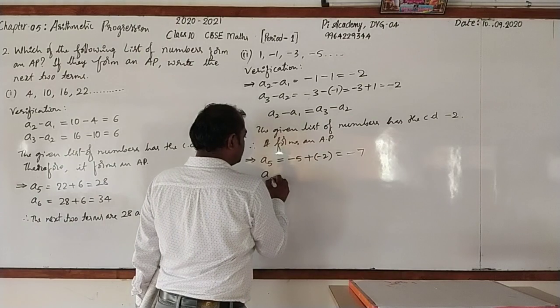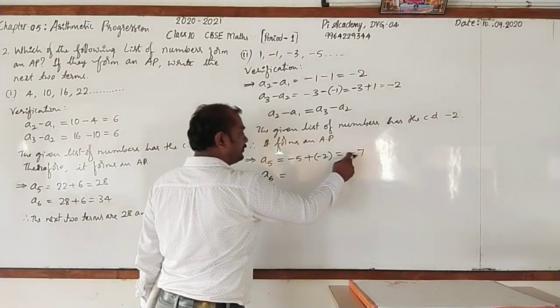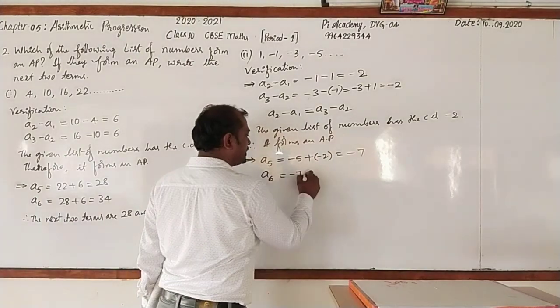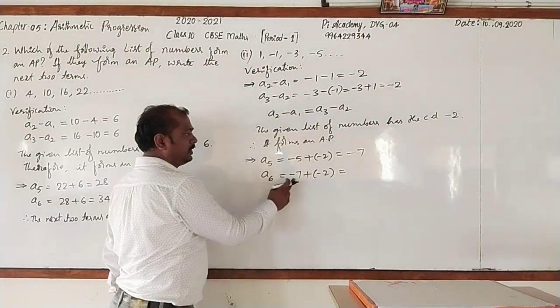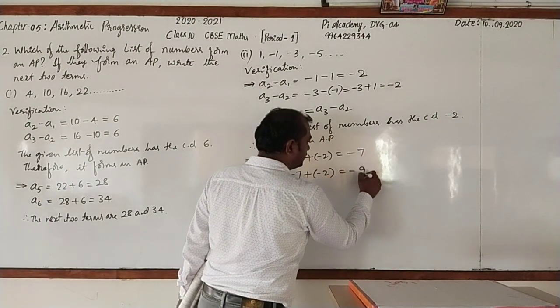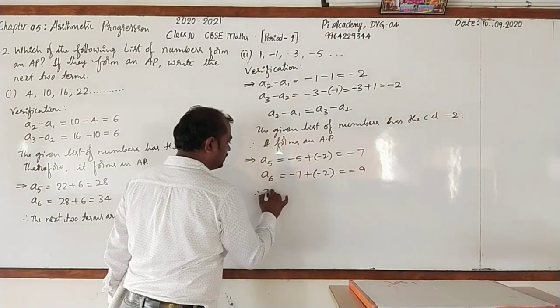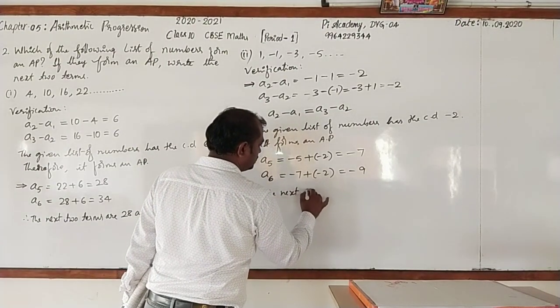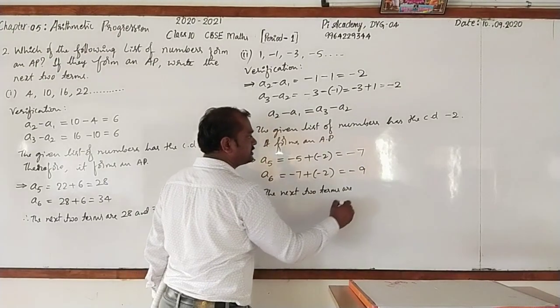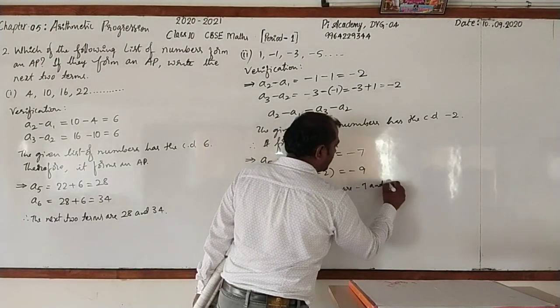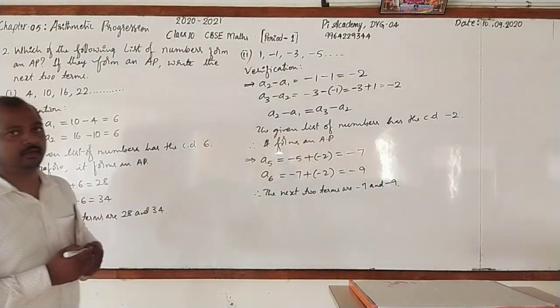Next, 6th term, 5th term plus common difference minus 2. This is equal to minus 7 minus 2, minus 9. Therefore, the next two terms are minus 7 and minus 9.